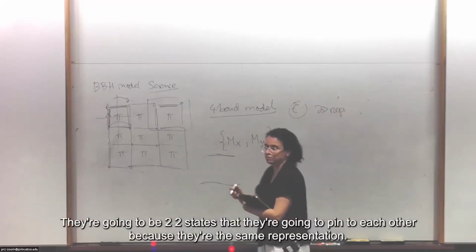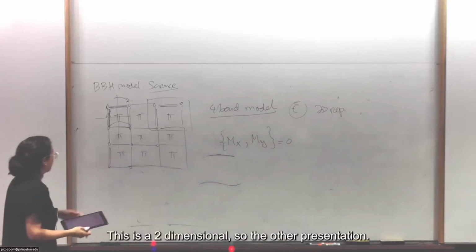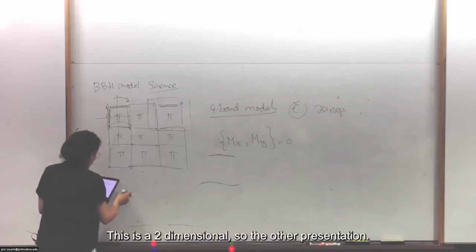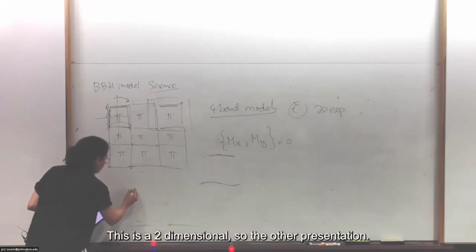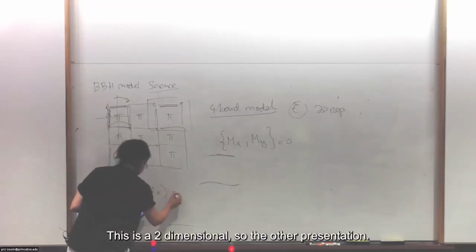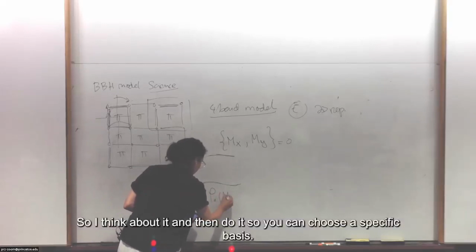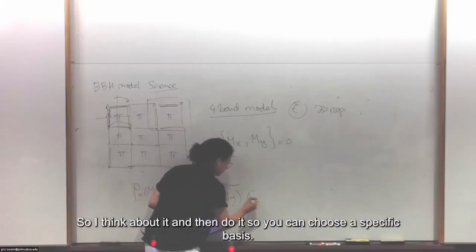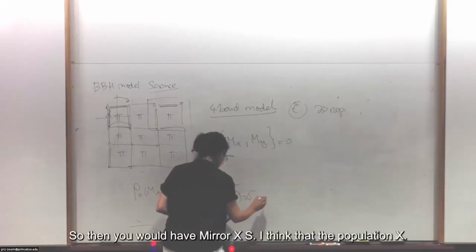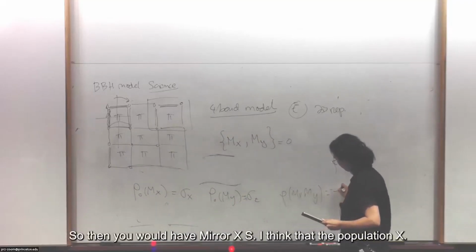You can think about it as PX, PY or something, but it's not really good. So you can choose a specific basis. Then mirroring X, I can call the matrix X, mirroring Y, you might call the matrix Z. And the representation of MX and MY is just -1.